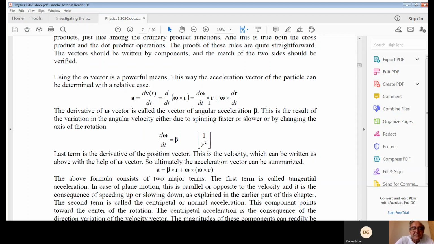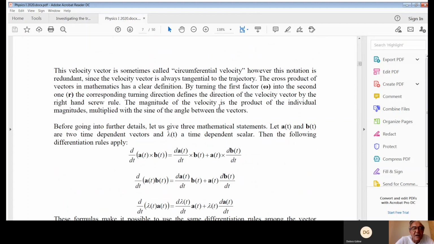And another one, dr over dt. The dr over dt is a velocity, and the velocity again is omega cross r, as we had already stated up here.